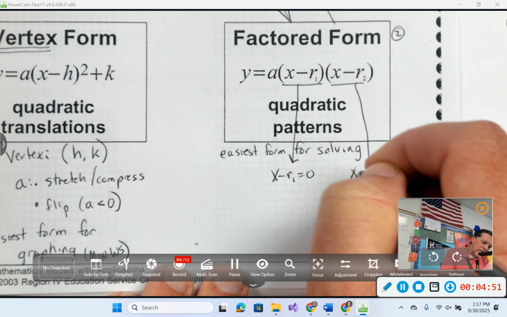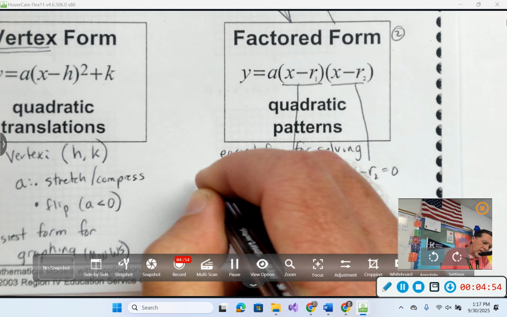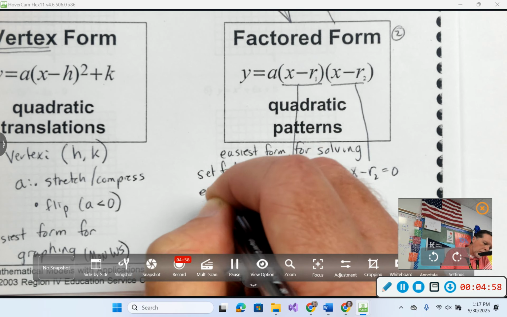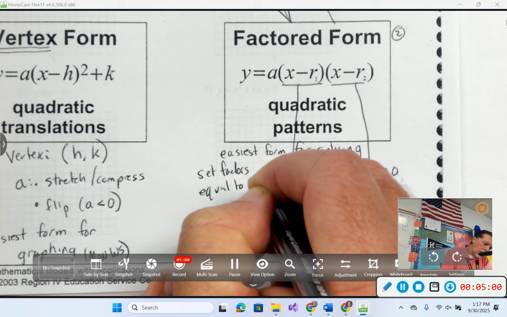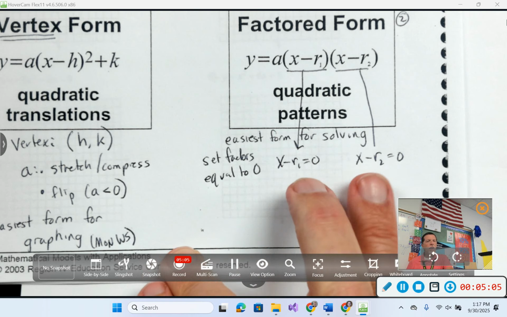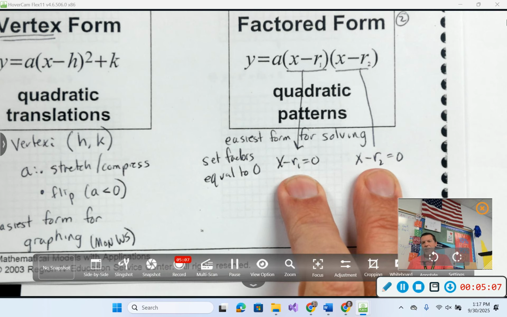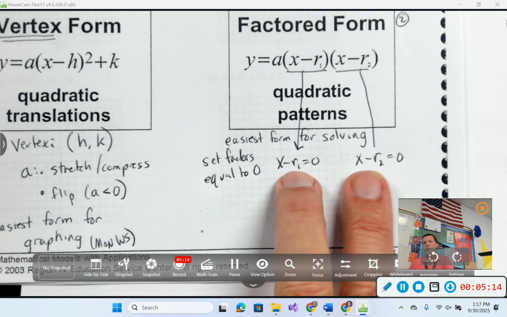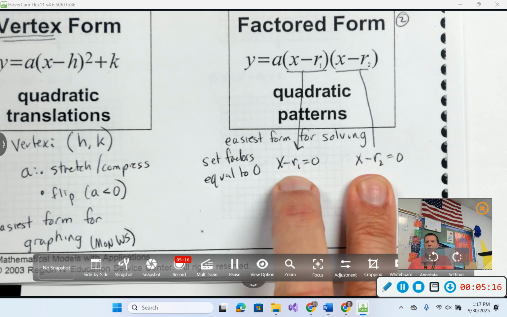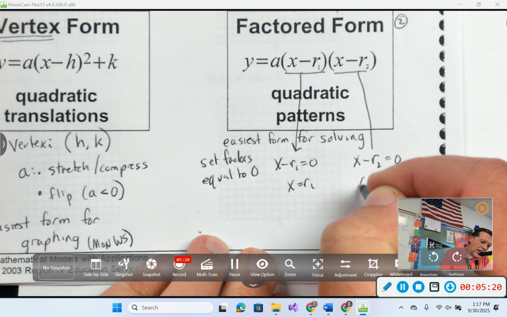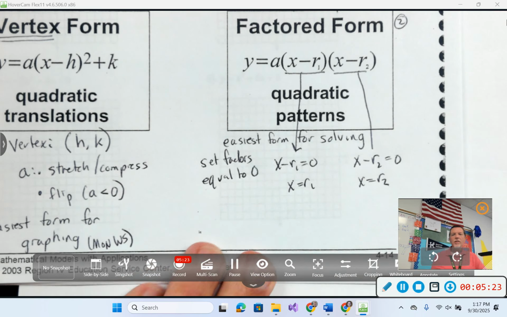Set the factors equal to 0. And then you have 2 easy equations rather than 1 hard equation. And almost always in math, we'd much rather solve 2 easy equations than 1 hard equation, especially when they're that easy. And you just add R1 to the other side and add R2 to the other side, and there's your 2 answers.